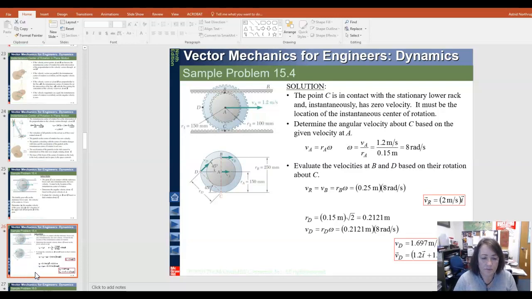So here at point D, we have a velocity at point B, we have a velocity at point A, so you know that the instantaneous center is going to be found by drawing a line through A and B, and that's perpendicular to the velocities, and then we attach the tips, and we have the instantaneous center. That means that the velocity at D is going to be perpendicular, so if we can find this length, we can also find the magnitude of the velocity of D.